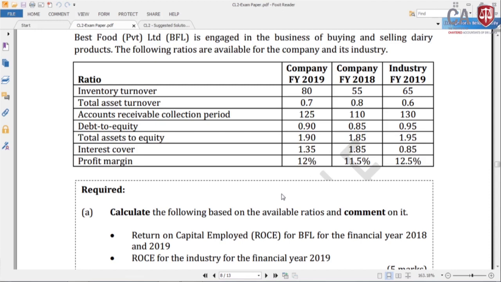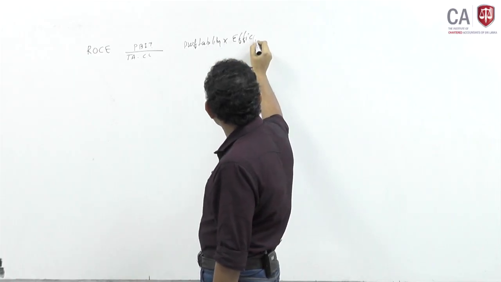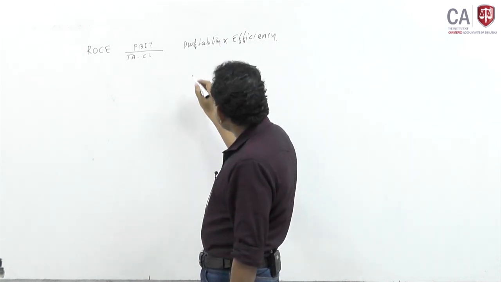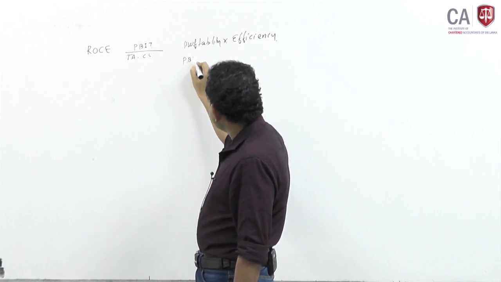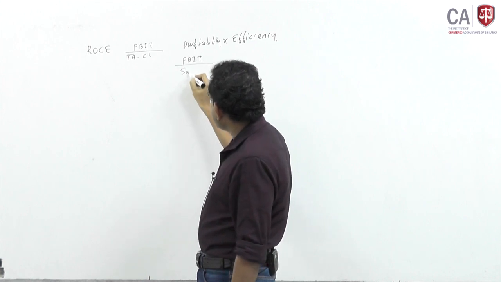So, it has to be a combination of the technical knowledge plus the efficiency. Likewise, for the ROCE to improve, there are 2 dimensions. One is the profitability, and you need to multiply profitability by the efficiency. Profitability will be profit before interest and tax divided by sales.